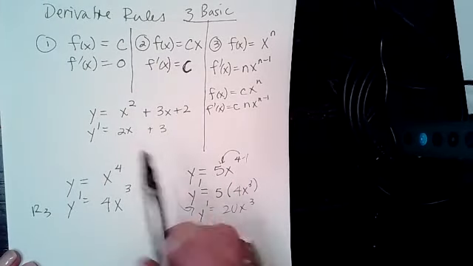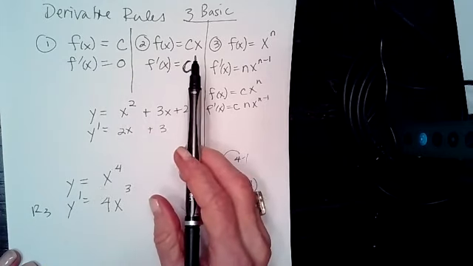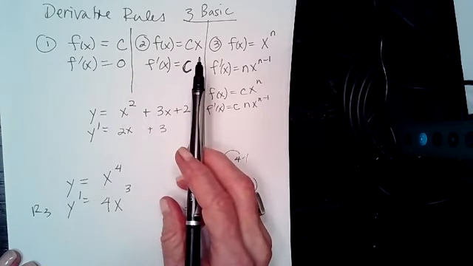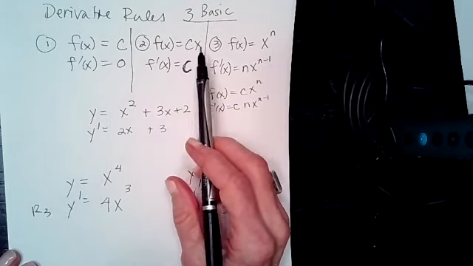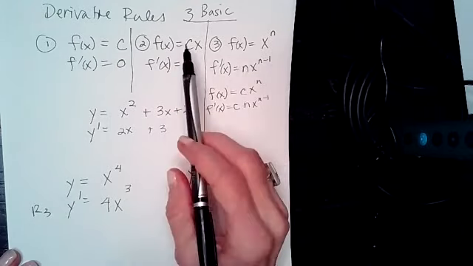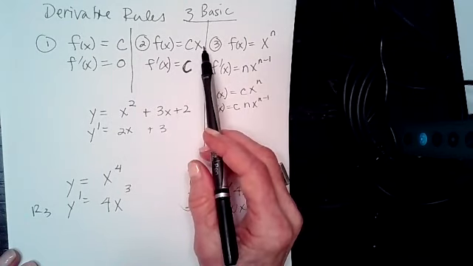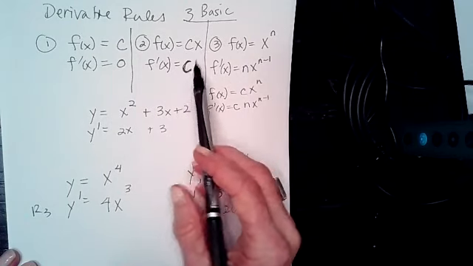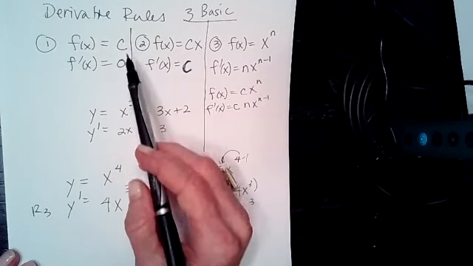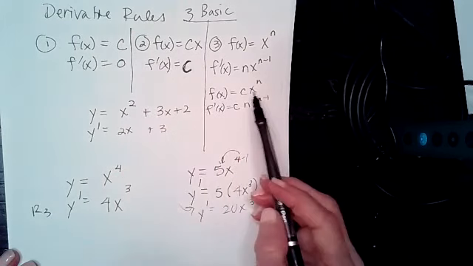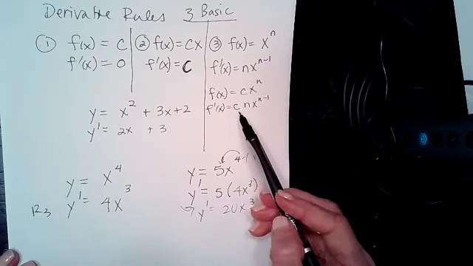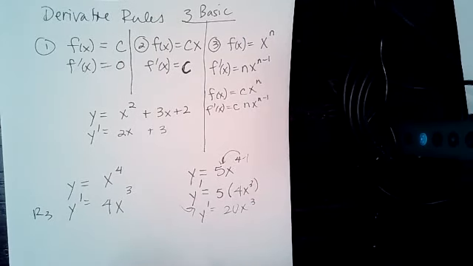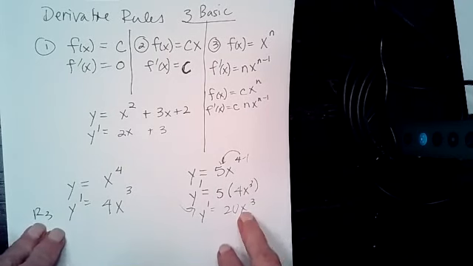All right, so those are your 3 basic rules. So remember in 268, in chapter 8, a constant could be a y or an x. If I have a constant times a variable to the first power, the derivative is the constant. If I have a constant term, the derivative is 0. If I have a constant times the variable term, I bring the constant along and take the derivative of the variable term. So basically that's what we're going to do with our derivatives, okay?